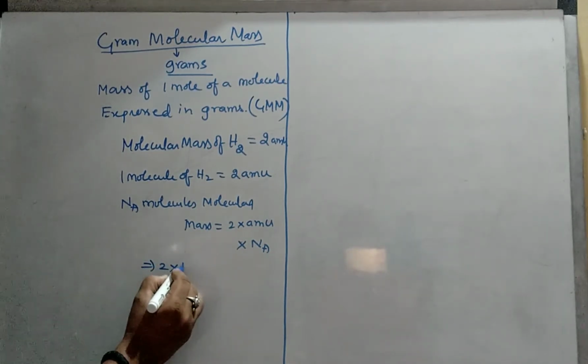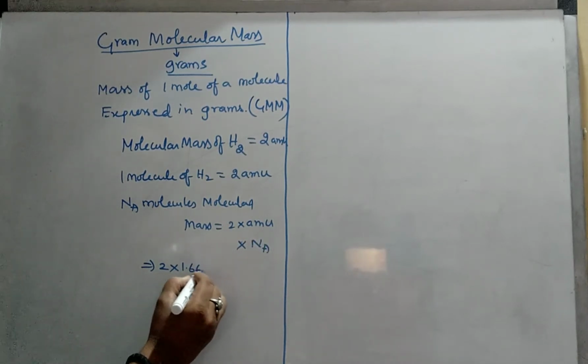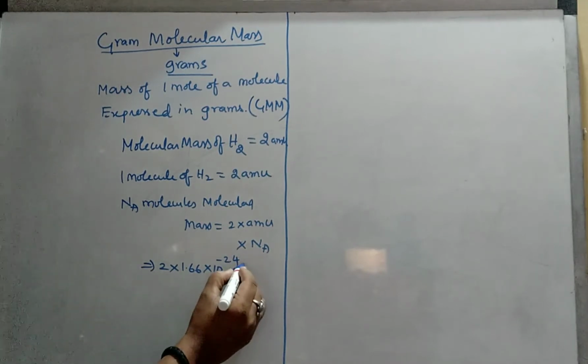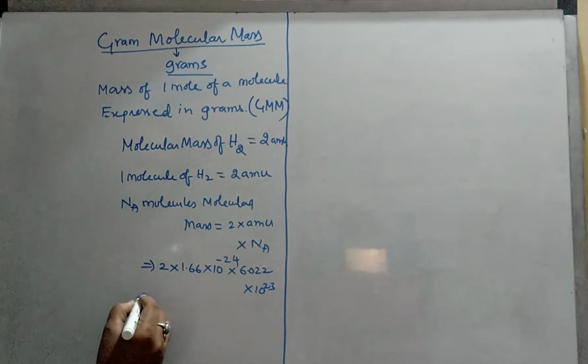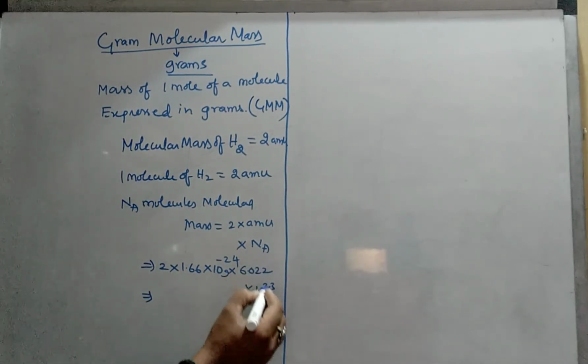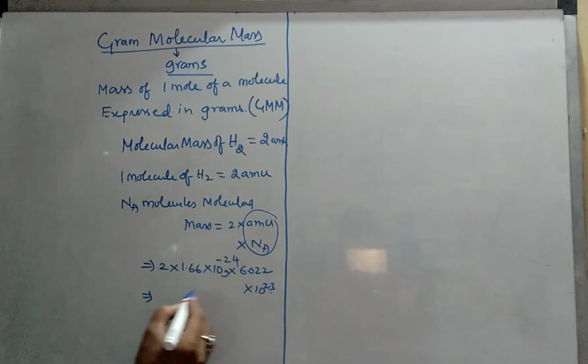2 into 1 AMU, around 1.66 into 10 power minus 24 grams, into Avogadro number 6.022 into 10 power 23. As you know, the product of Avogadro number and AMU is nothing but 1 gram.